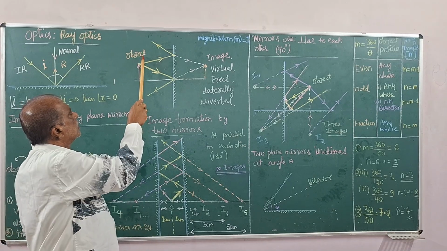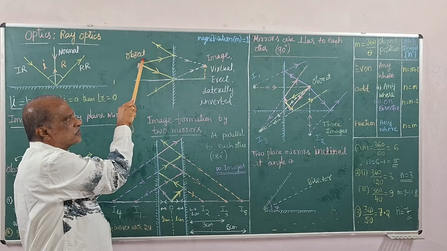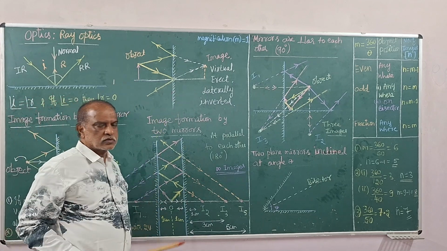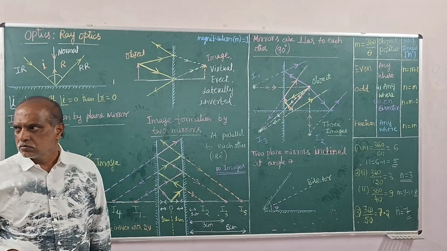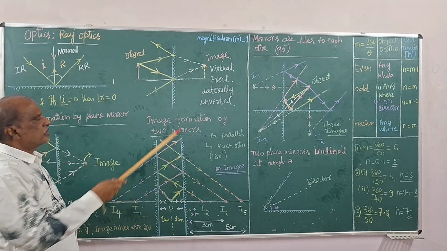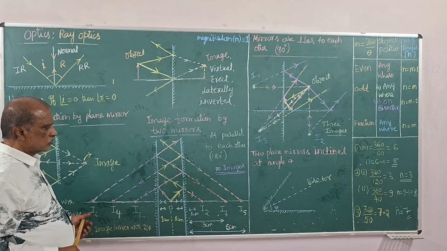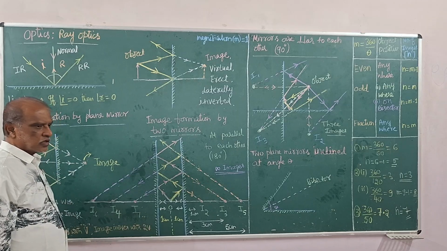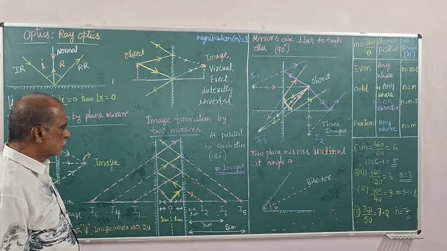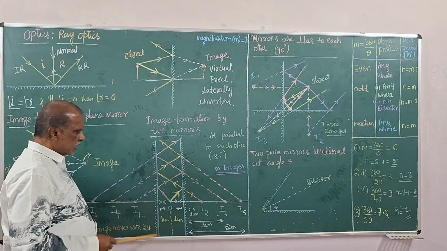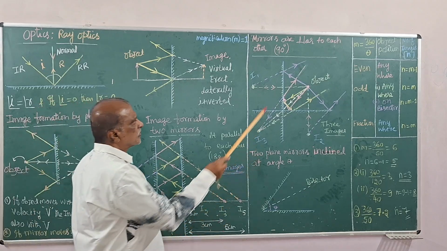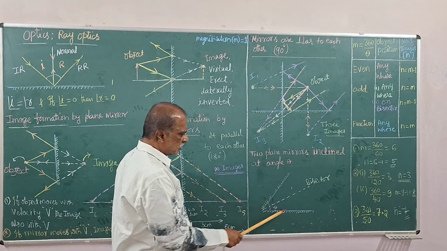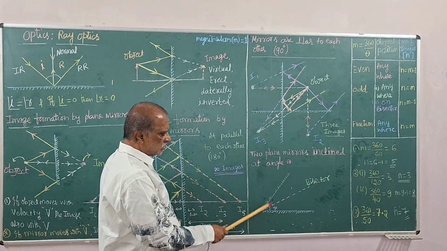That is the object of certain size and shape. One plane mirror gives one image. If there are two plane mirrors, let us take them in different alignments: these plane mirrors are parallel, these plane mirrors are perpendicular, and these plane mirrors make an angle theta between them.